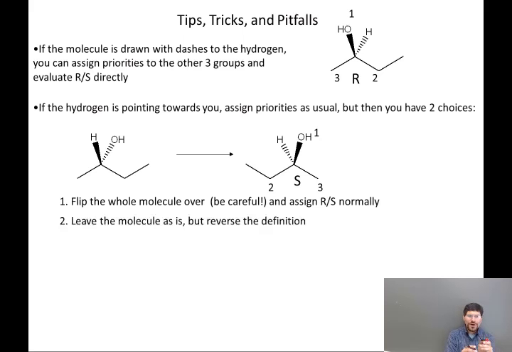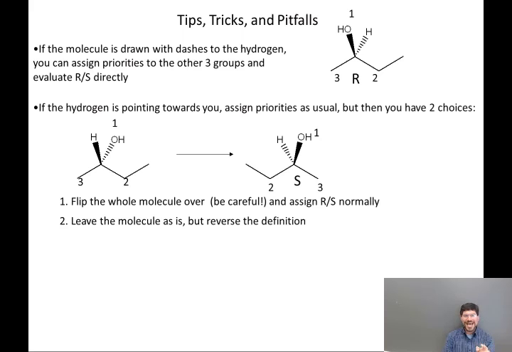Or you could leave the molecule as drawn, if you're not using a model, but reverse the definition. So you still have your oxygen with priority 1, your ethyl with priority 2, and your methyl at priority 3.